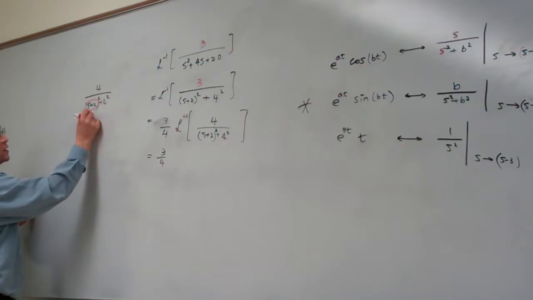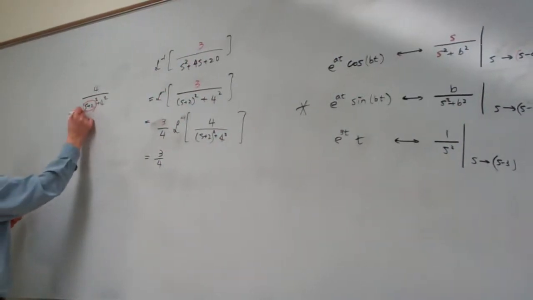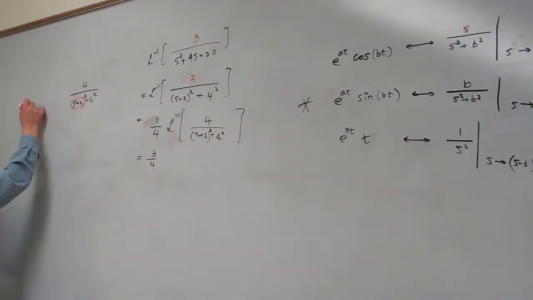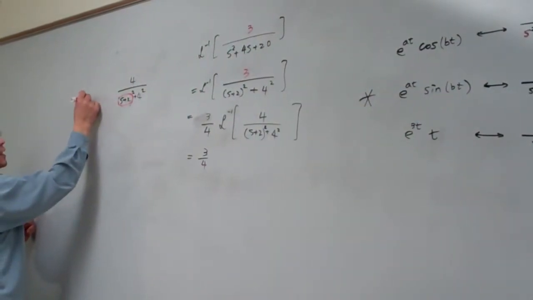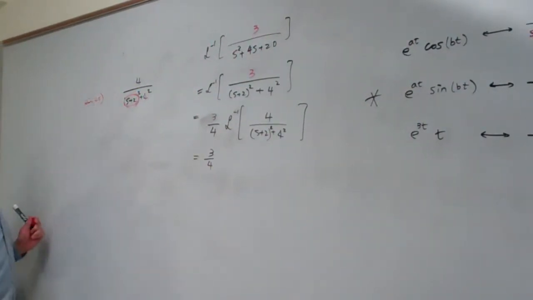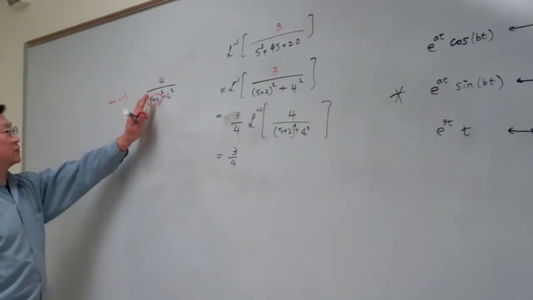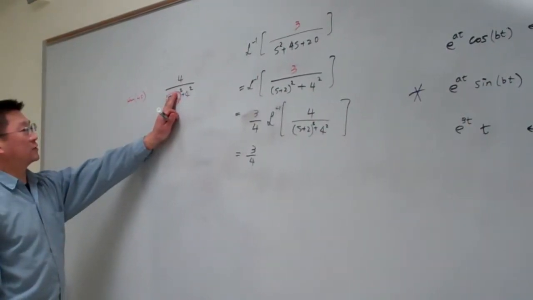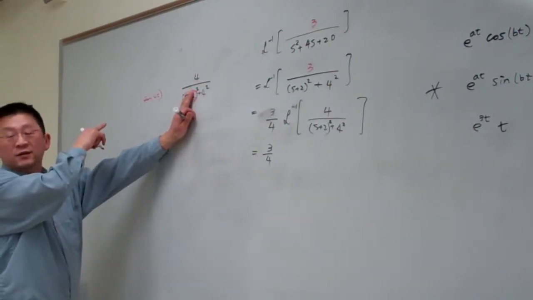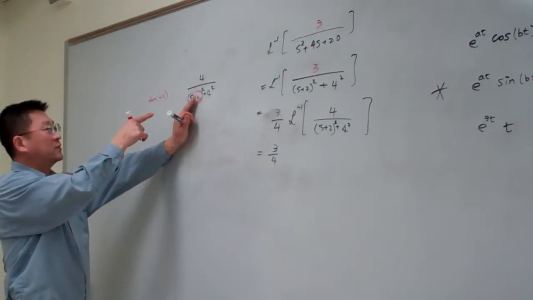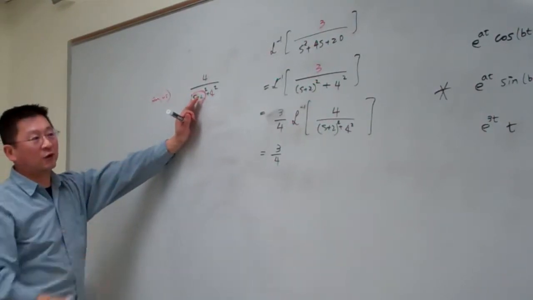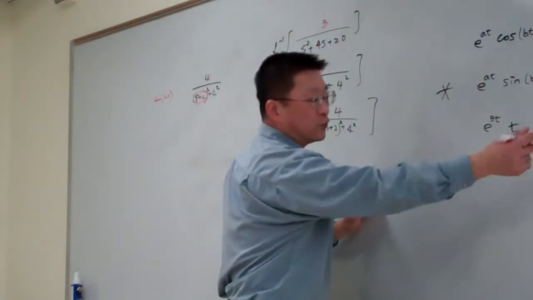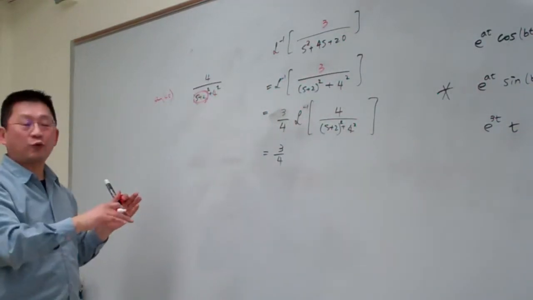So say if this is with this kind of integrand, you know this one should correspond to sine 4t, right? If this is only s squared plus this one, then that should be this. But here we already have a replacement s plus 2. So using this replacement, we do the backward process.